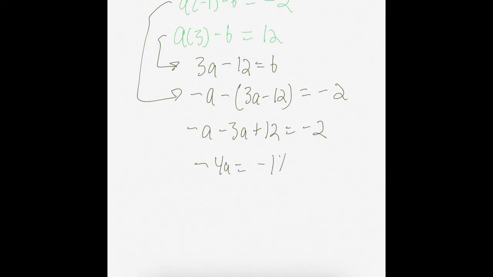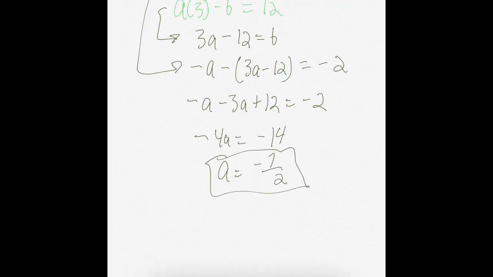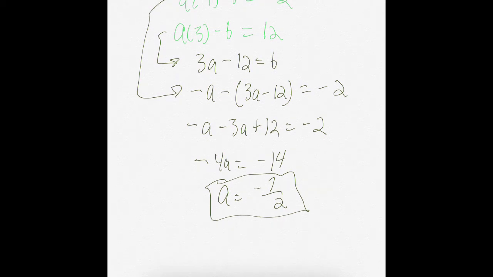Let me see, minus 4a equals minus 14. And then this becomes a equals minus 7/2. I did that part kind of quickly, the algebra. But the nice thing about YouTube, you can take your time, pause it, do the algebra yourself if you need to. But regardless, we get that a is -7/2.